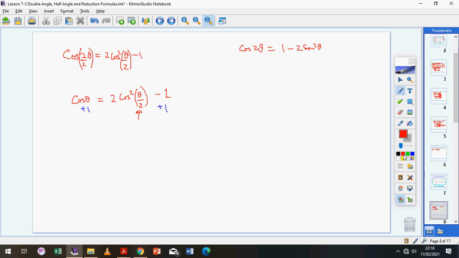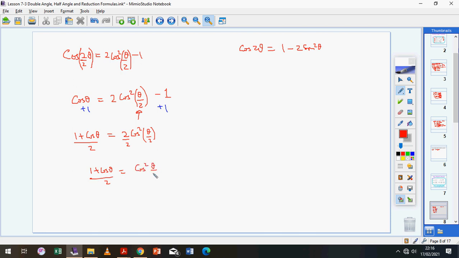So I added 1 to the side, so I have 1 plus cosine theta is equal to 2 cosine squared theta over 2. Remember, I want to solve for cos theta over 2, so I'm going to divide both sides by 2. I end up with 1 plus cosine theta over 2 is equal to cosine squared theta over 2.